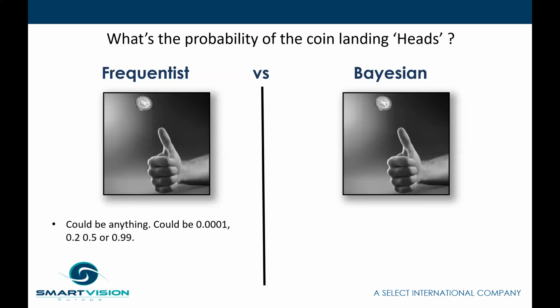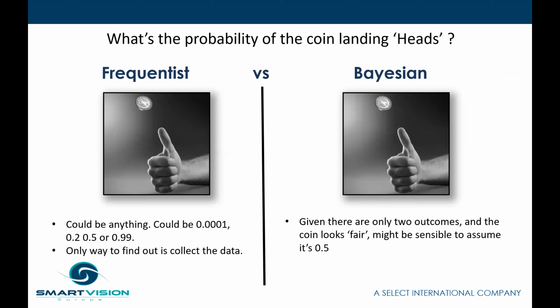It could be 100% likely to be heads or 0% likely to be heads or anything in between. Until you collect the data, you don't know. You have to collect the data. The only way to find out is through the data, and you don't pay any attention to the fact that the coin looks like a coin, and it looks fairly equal on both sides.